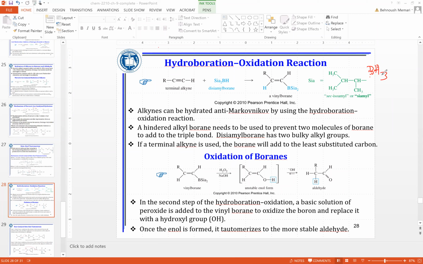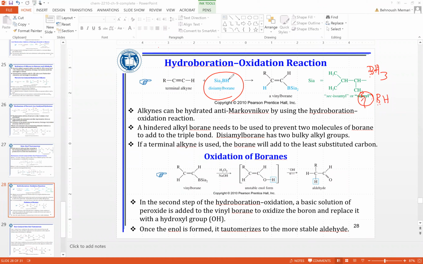So basically, you take BH3 and replace two of the hydrogens with a bulky alkyl group. This is like a secondary isoamyl, a bulky alkyl group that is replacing two of the hydrogens. What's the benefit of this?